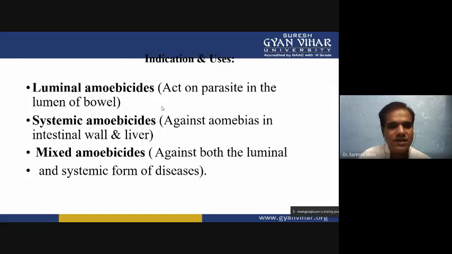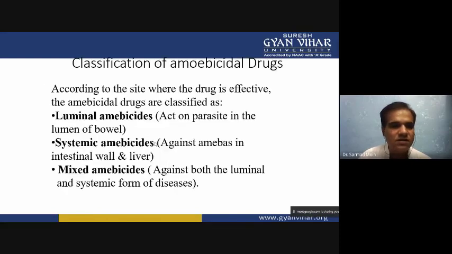And mixed amoebiasis is both the luminal and systemic form of disease. So three types of infection are there. When the infection is in the lumen of the bowel, then it is luminal amoebiasis. If the infection is amoebae in the intestinal wall and the liver, then it is systemic amoebiasis. And when the infection is in both the luminal and systemic form of disease, then it is the mixed type. So we have to treat both types of disease.